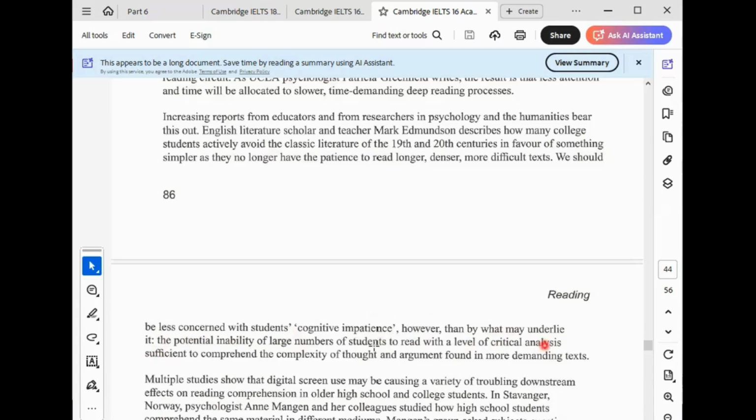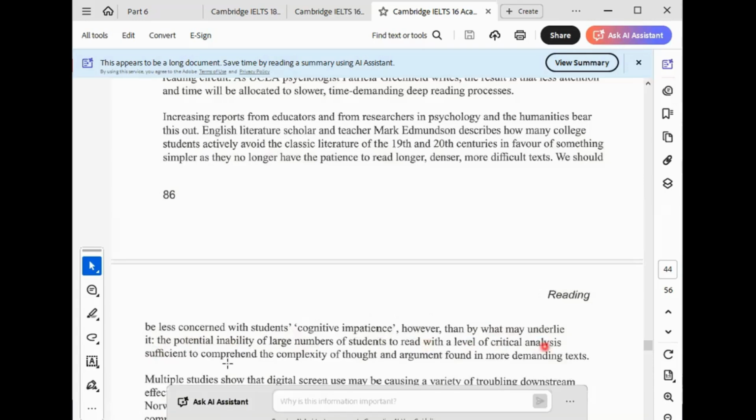A large number of students cannot read with a level of critical analysis that is sufficient enough to comprehend the complexity of thought and arguments found in more demanding texts. So the main thing is that these students' critical analysis level has not been developed significantly to a point where they can read complex materials.